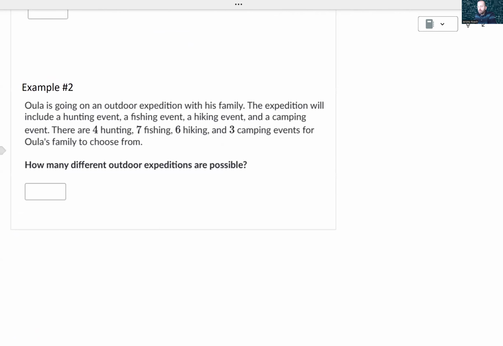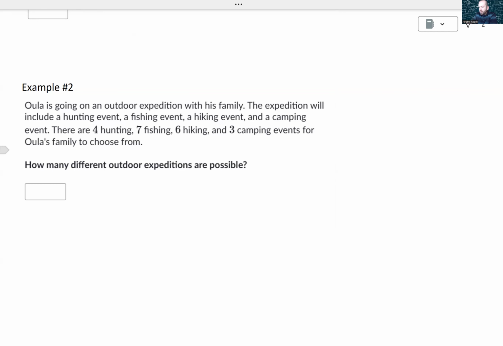Aula is going on an outdoor expedition with his family. The expedition is going to include a hunting event, fishing event, hiking event, and a camping event. There's 4 hunting, 7 fishing, 6 hiking, and 3 camping events for the family to choose from. How many different expeditions are possible?